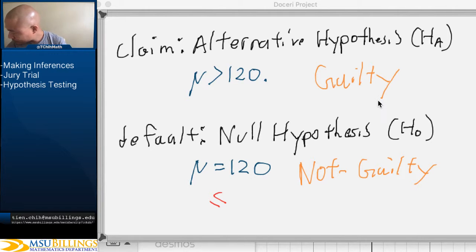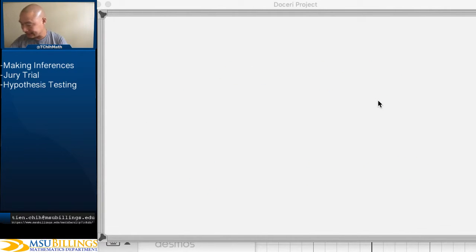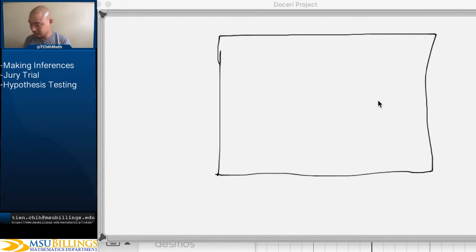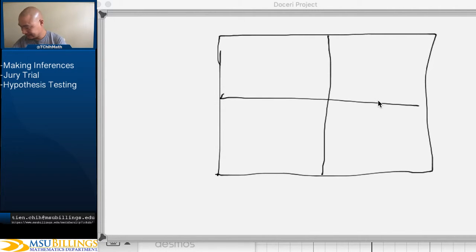And so what we have then is a sort of similar setup to a jury trial where two things for sure could be true.